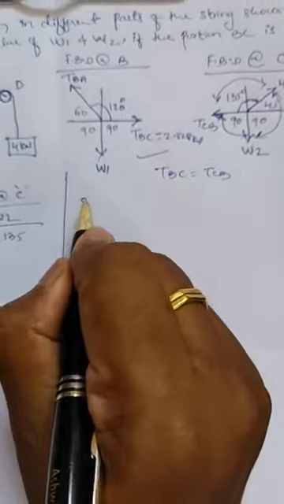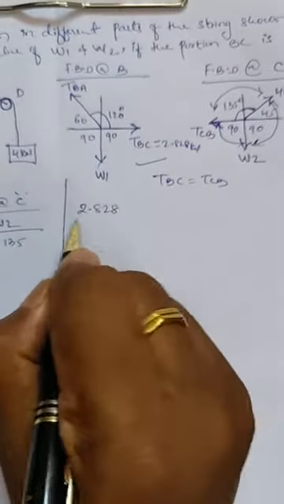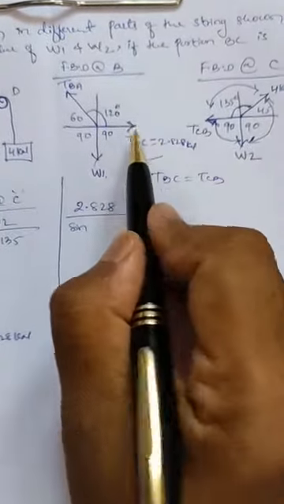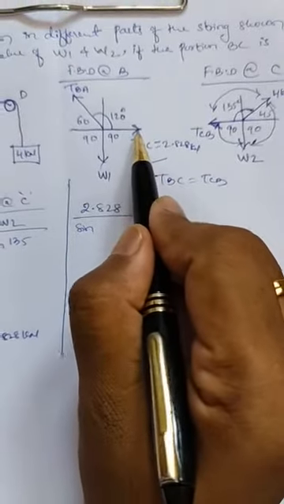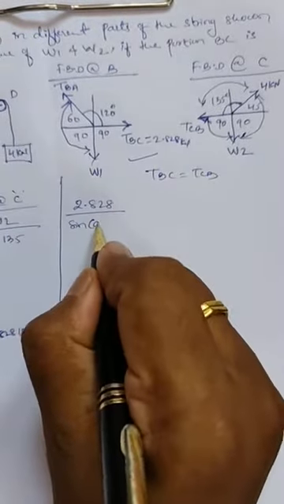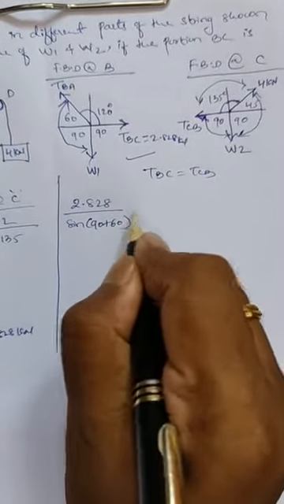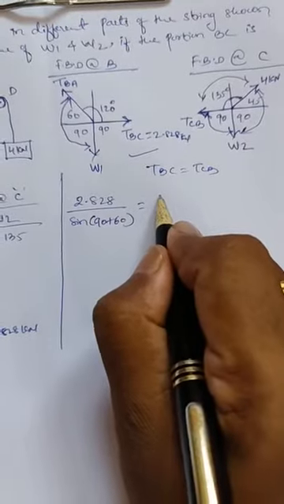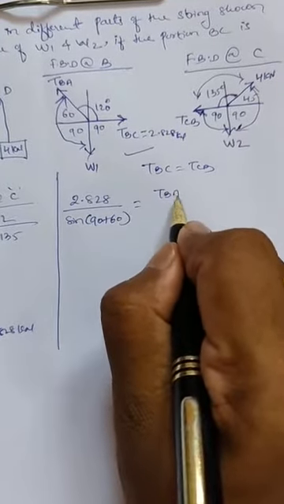Now the known force is 2.828, divided by sine of. For the force considered, TBC, the opposite two forces are TBA and W1. The angle between these two is 90 plus 60.